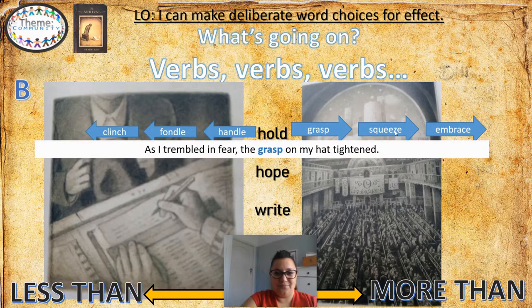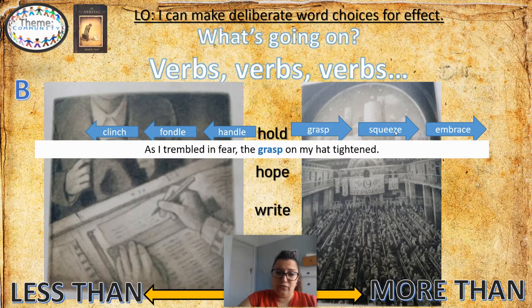Welcome back. Here's what I went with. As I trembled in fear, the grasp on my hat tightened. Oh, I'm literally describing that change from just holding it to grasping it. I can imagine as an author writing a second sentence about maybe the more I squeezed it, the more the guard saw my nerves, maybe.